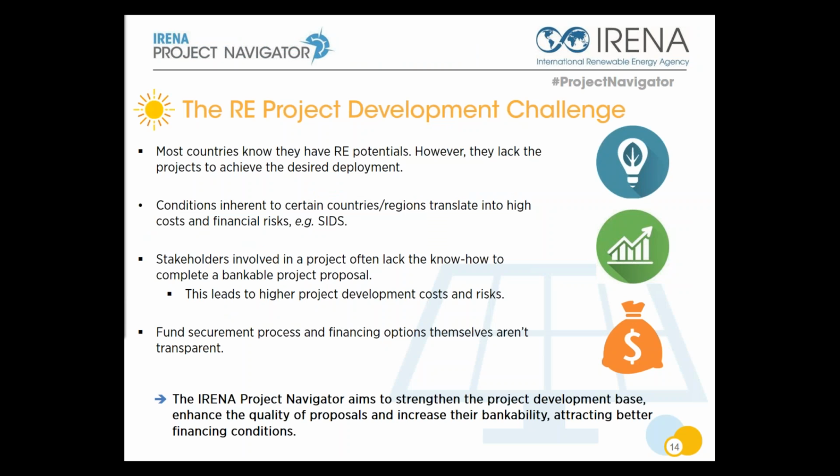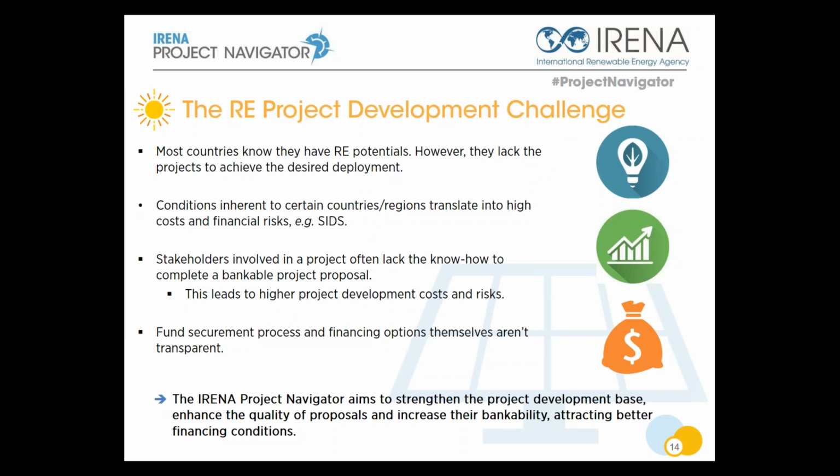So as I said in the beginning, the questions we get is about how to develop project proposals, and notably bankable project proposals. And the Navigator is a tool to enhance the quality of the project proposals.